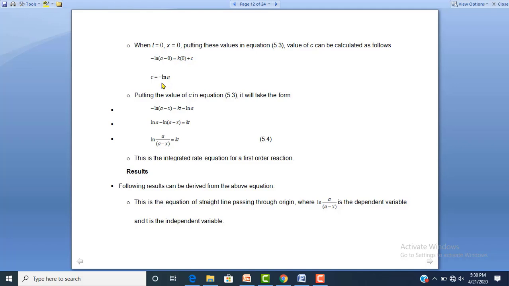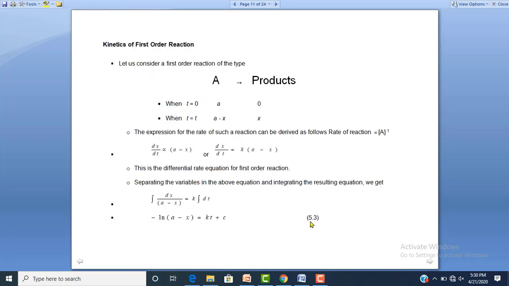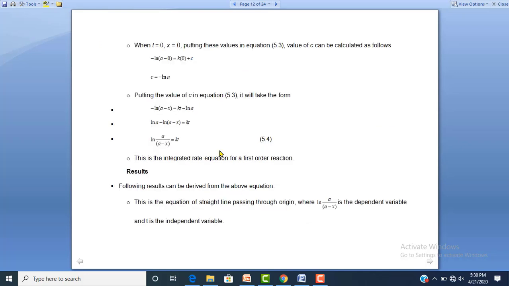After putting this value back into equation 5.3, we got equation 5.4, according to which the product of rate constant k into time is equal to natural log a over a minus x. So this equation 5.4 is very important to find out the rate constant expression for a first order reaction.